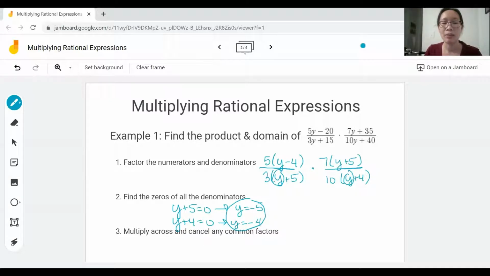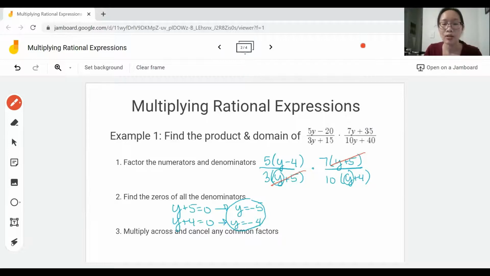In my third step, I multiply across and I cancel any common factors that appear in both the numerator and the denominator. I notice that I have a common factor of y plus 5 in the numerator and the denominator, so those cancel.